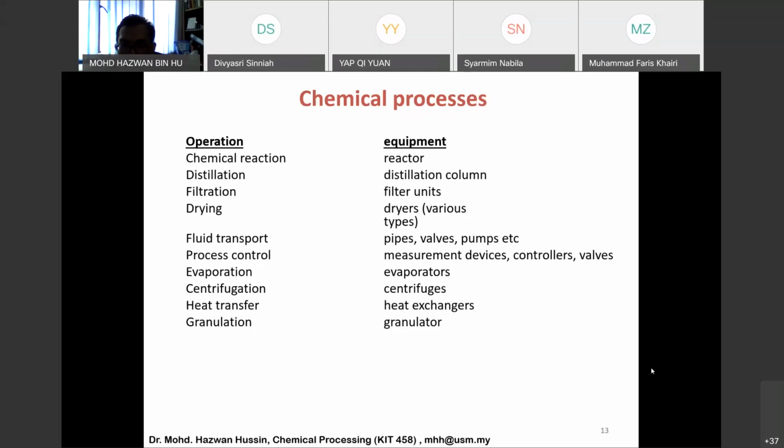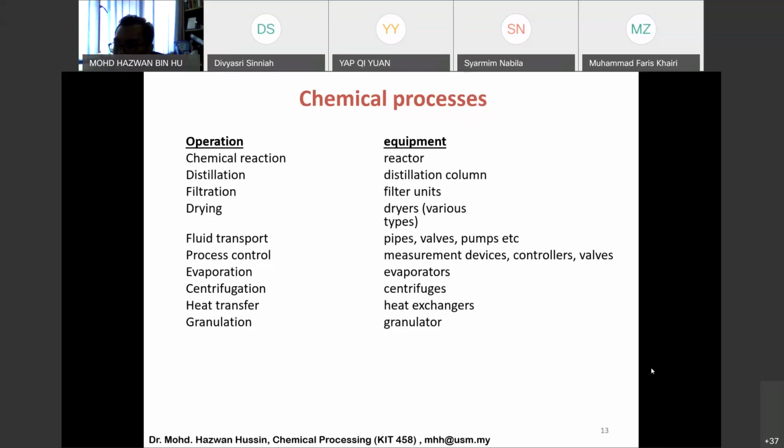For drying, if you need to do drying, then you need a dryer. A dryer is like a heat blower, something like that. For fluid transport, of course, you will need pipes, valves, and pumps. For process control, probably you need measurement devices, controllers, valves, a PC, and whatsoever. I think what is lacking in our school is that we don't have a process control subject.